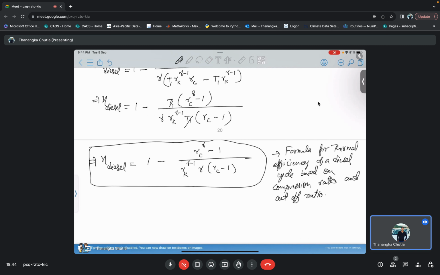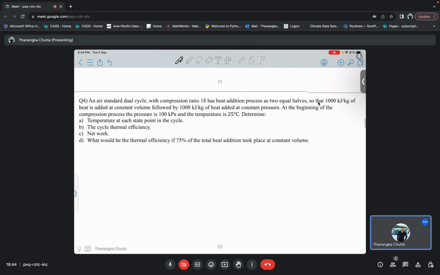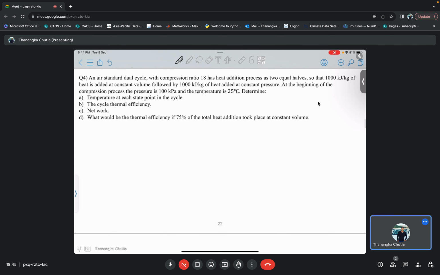If you know only the compression ratio and the cutoff ratio, then this is basically the working formula. And because you already have the volumes at all the points, if you put in the values you will again get the same answer. Okay, fine. So let us go to the next question then.